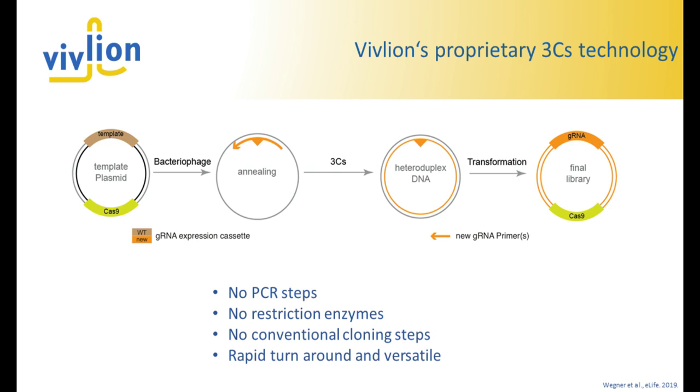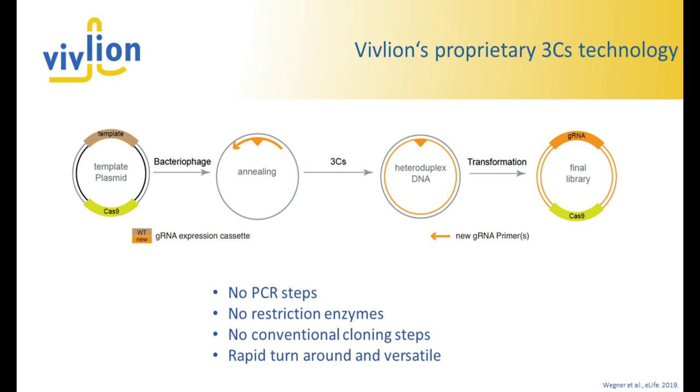So again, this protocol is fairly rapid. It only takes about 2 hours, and it does not involve any PCR steps or restriction enzymes. We don't have conventional cloning. Of course, we have bacterial amplification, but not ligation-mediated cloning. It's very rapid, and it is versatile, as it is not limited to only CRISPR-Cas, but as I said before, it can also be used for shRNA, for example, or cDNA.